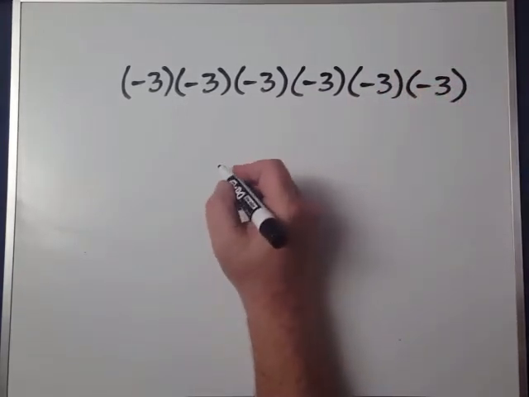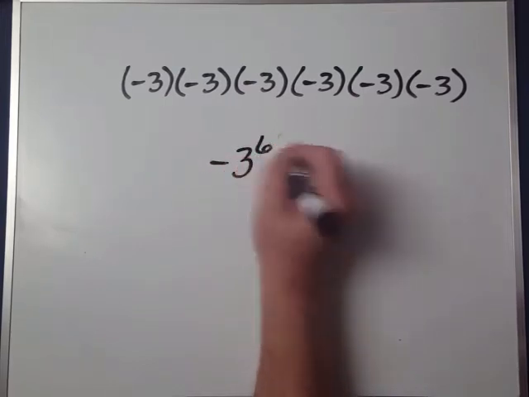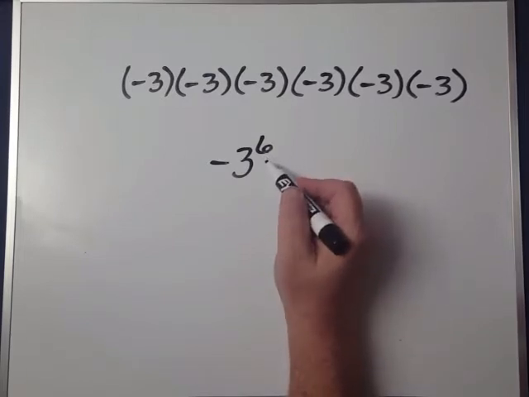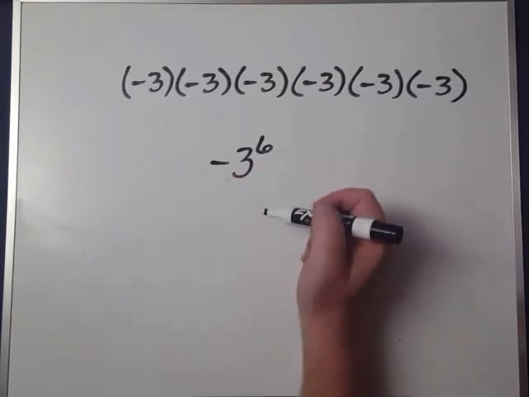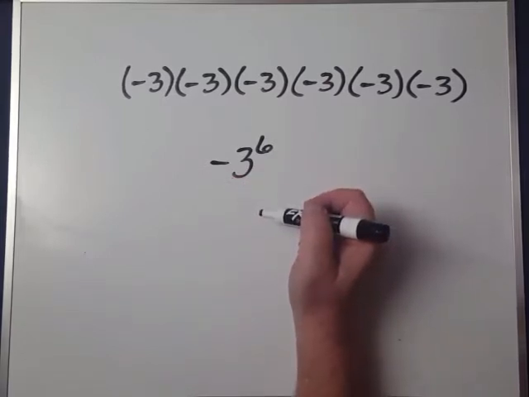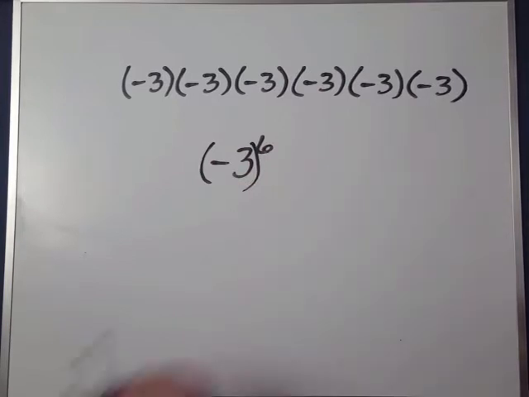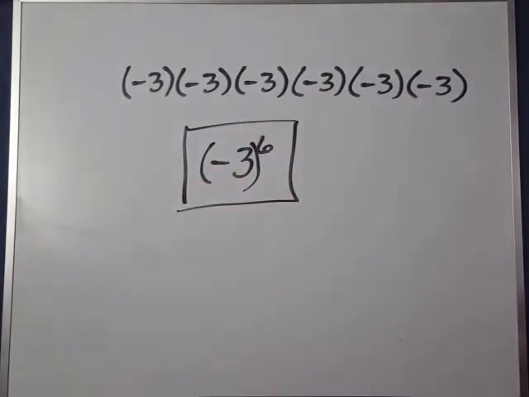So this is going to be that negative 3 to the 6th power, but careful, this would be wrong, because this is not raising negative 3 to the 6th power. This is 3 to the 6th power with a negative out in front. How do I make that negative 3 the base? Put it in parentheses. Negative 3 quantity to that 6th power.